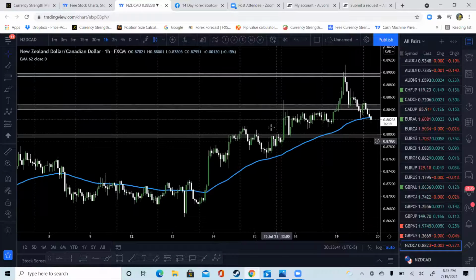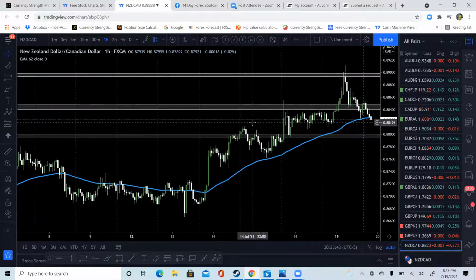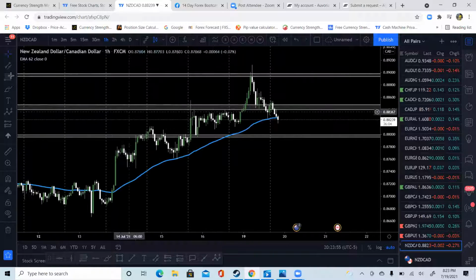Look at the reactions from those areas. Because I hadn't looked at this chart in a while. But look at the market still playing out to those same markups. And with those same markups, now, of course, you may have to adjust a little bit up and down slightly. But if you do it right, you don't have to do that much adjusting at all.